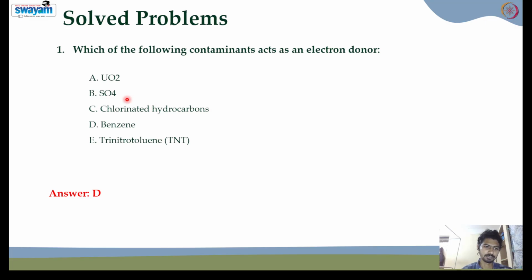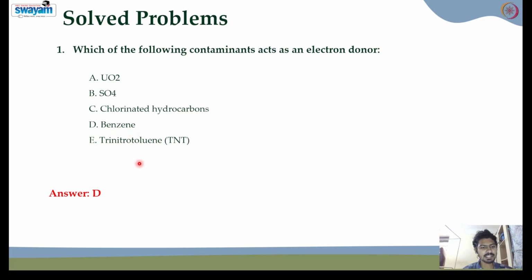sulfate. In case of chlorinated hydrocarbons, some chlorinated hydrocarbons can act as an electron donor, but commonly they are considered electron acceptors. But benzenes are normally electron donors. Whereas TNT, its application is in explosives, and this also acts as an electron acceptor due to the presence of nitro functional groups in its aromatic structure.